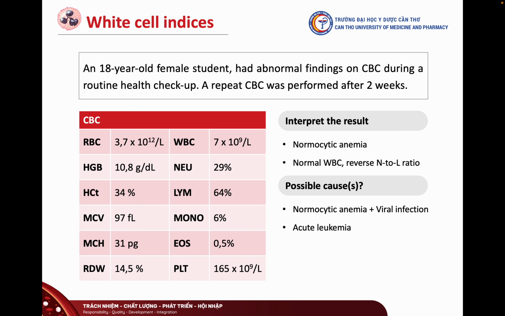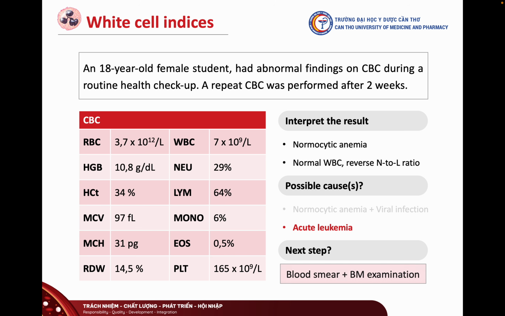Persistent reversal of neutrophil to lymphocyte ratio in the absence of clear symptoms raises the possibility of acute leukemia, particularly if lymphoblasts or monoblasts are present but being misclassified as mature lymphocytes or monocytes by the automatic counter. So what is the next step? We cannot rely on the CBC alone anymore. We now need to order a peripheral blood smear.